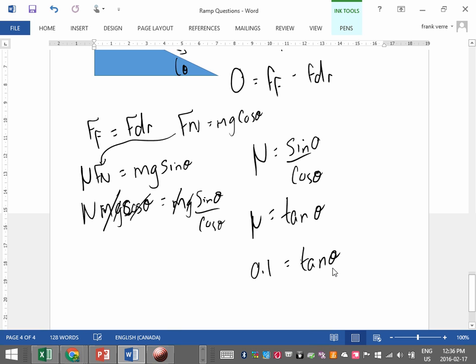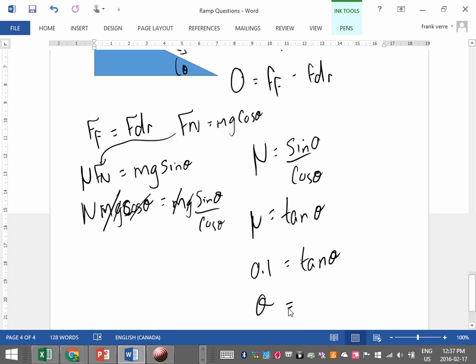So we can solve for theta. We just do the inverse tan of 0.1. So in other words, if you want to know the minimum angle or the maximum angle, all you have to know is the coefficient of friction. And if you take the inverse tan of that, that gives you your angle. So what would be the inverse tan of 0.1?